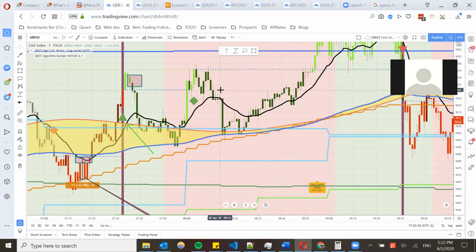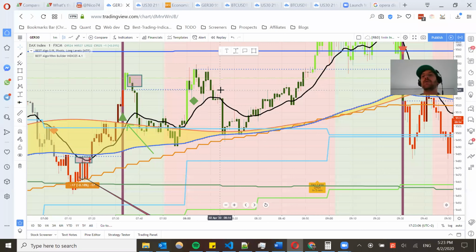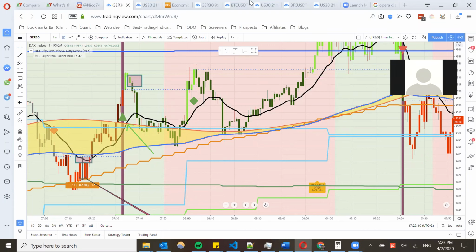So if the EMA 20 is in the cloud or not in an optimal position, and you have a candle pullback going beyond the pullback, then yes.